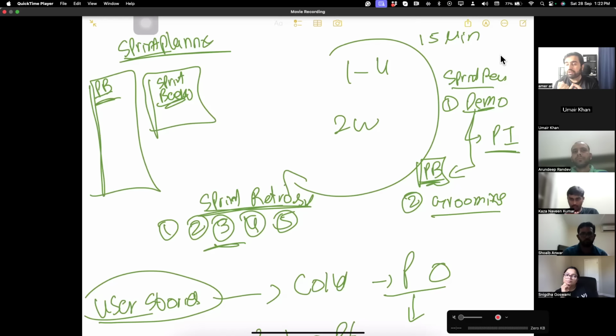We have 3 roles. Product owner is the voice of the customer. He collects the user stories and decides what is the most important thing right now. The team is a cross-functional, independent, self-organized team. They decide what to do, how much effort and time it will take.